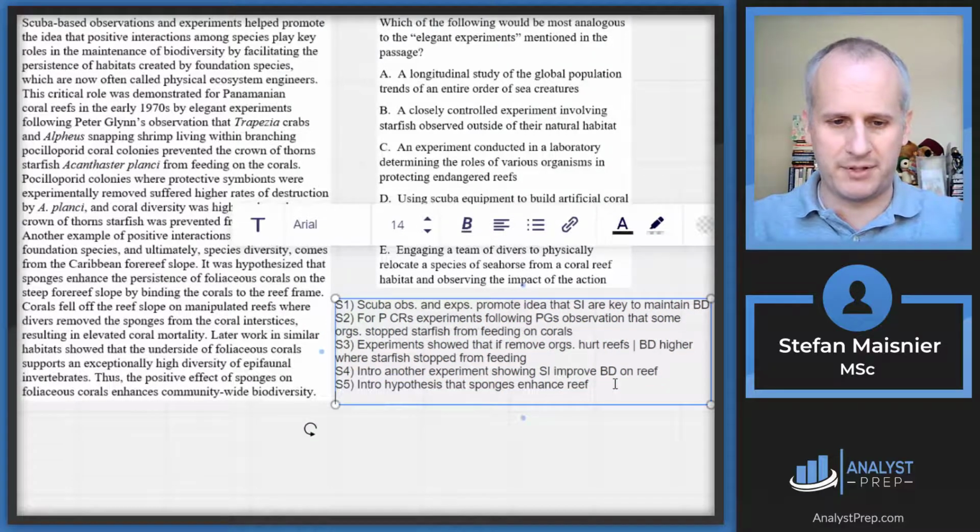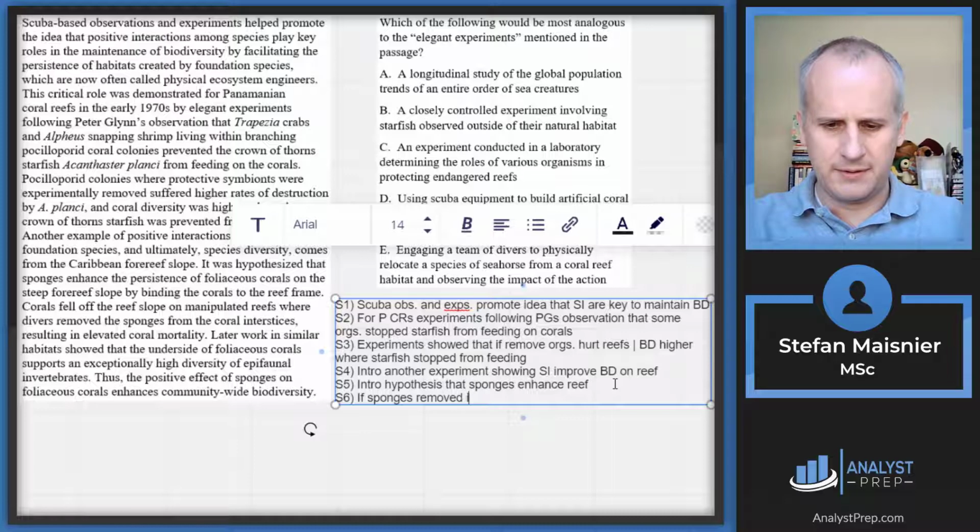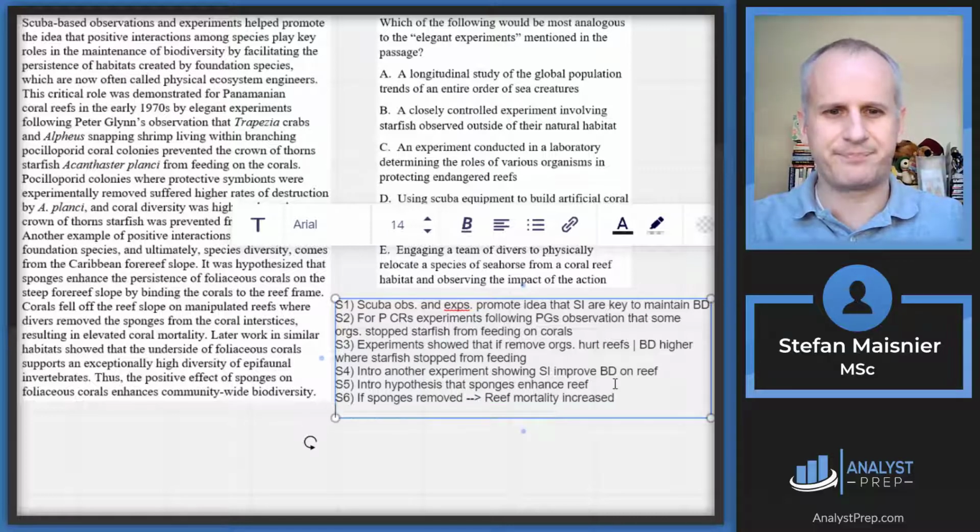So we've got more experiments. So S6 is that if sponges removed, then we just use a little arrow here, we know that the reef mortality increased, and that's a bad thing for the reef.